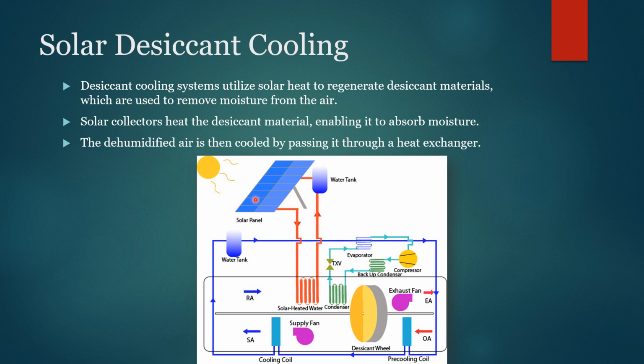As you can see in this figure, with the help of solar panel, desiccant materials are being heated up, which absorbs the humidity, and the dry air is then condensed and passed through a heat exchanger to the rooms, which cools the building.